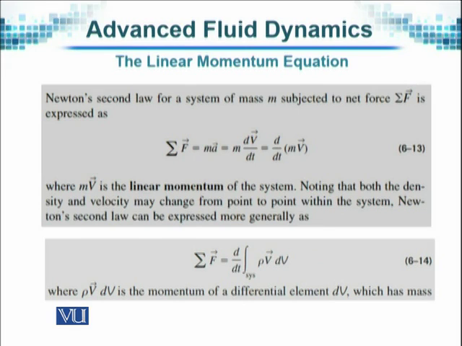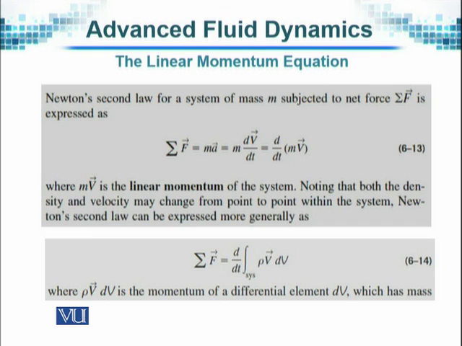And as we know, the force is F equal to ma, mass into acceleration, according to Newton's second law, which is written here as equation 6.13. Momentum is considered to be mass into the velocity.